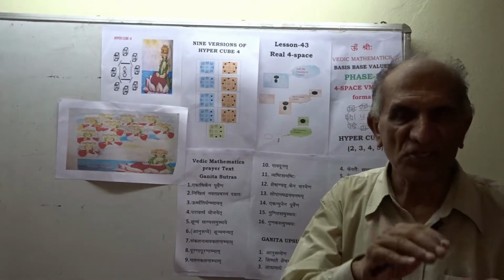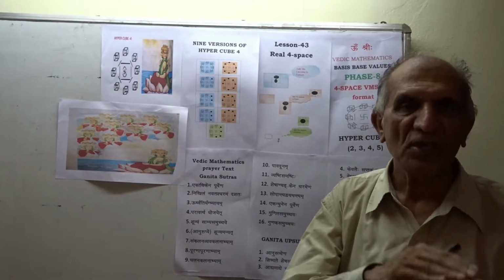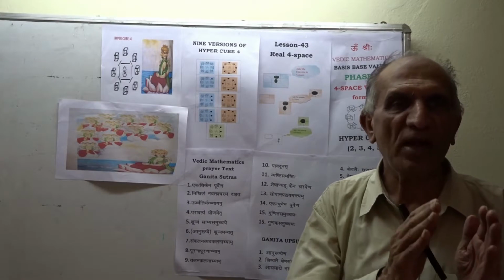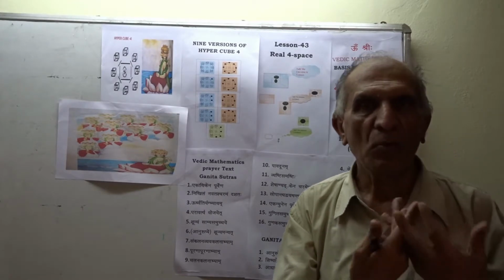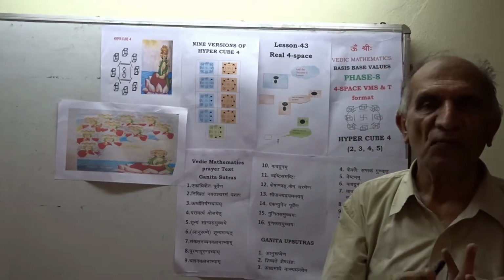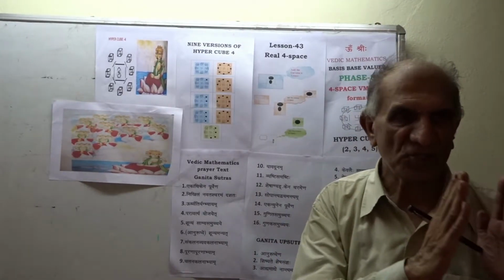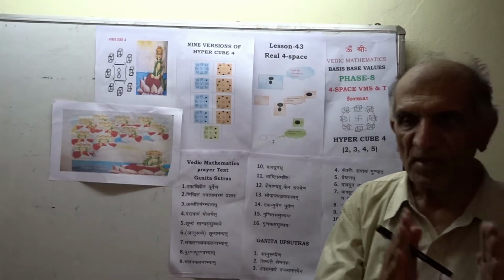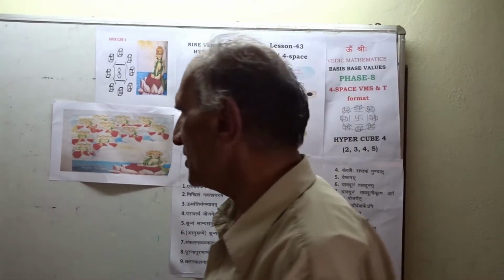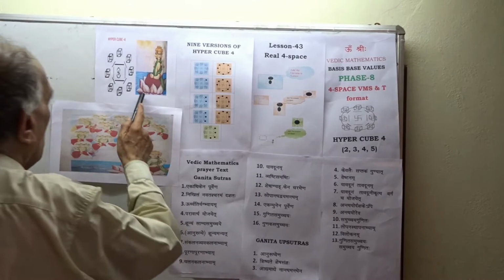It is this initiation step for which in this phase 8 we are exposing ourselves. We are initiating ourselves for the spatial order 4 space setup. Spatial order 4 space setup is a creator's space. It is a space presided by Lord Brahma.